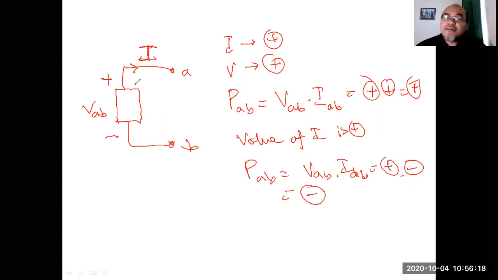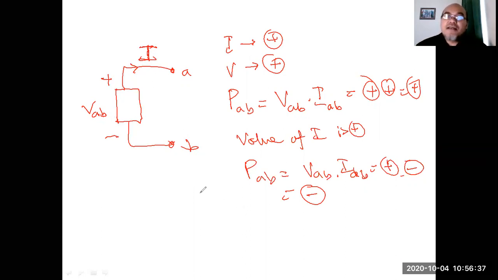For example, here is like a battery, right? In a battery that supplies power, the current flows into the negative terminal and then comes out from the positive terminal. So the battery supplies energy to the positive charge.